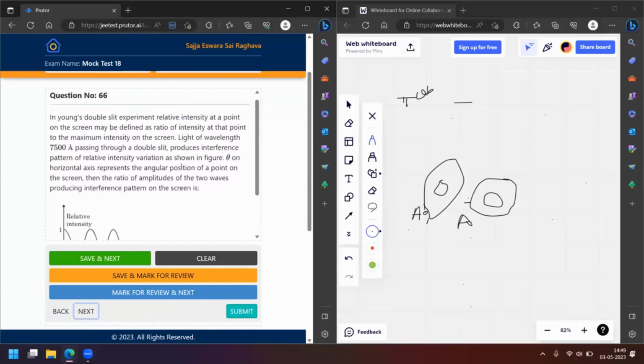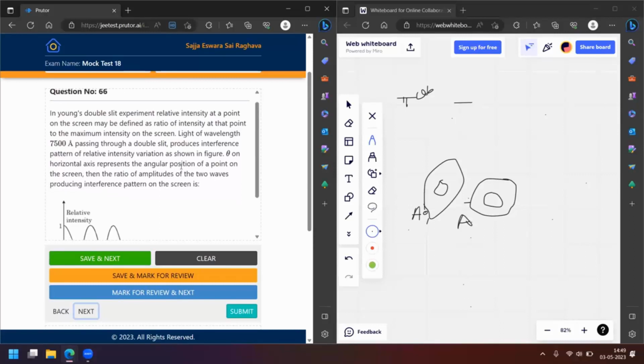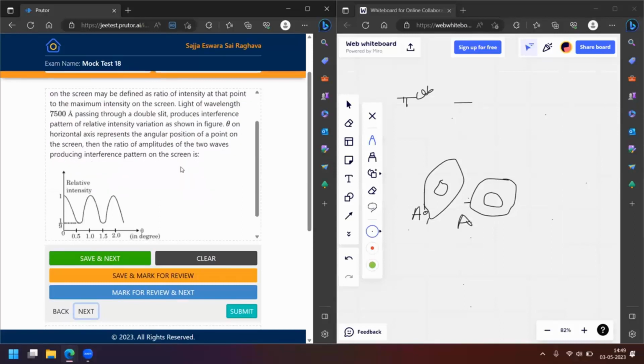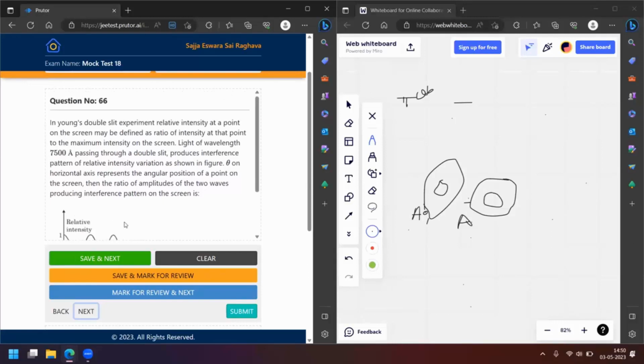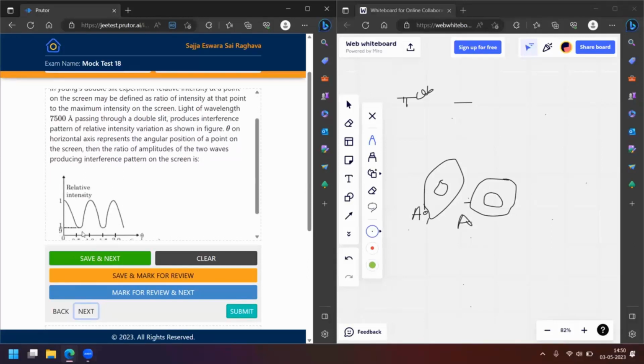In Young's double slit experiment, relative intensity may be defined as a ratio, so the ratio of amplitudes of the two waves. We have two waves, and the minimum and maximum intensities are as shown in the figure. The minimum intensity is 1 by 9th of the overall intensity.